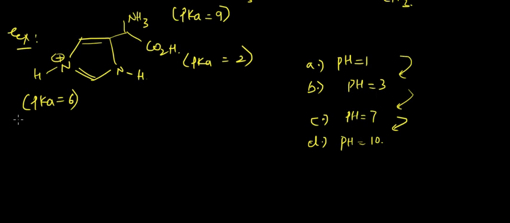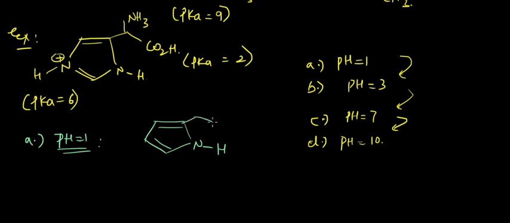Okay, so first, when pH is 1, no change would be there. Why? Because the minimum pK is 2. So at pH equal to 1 we would have the same structure as above. What happens when pH applied is 3?